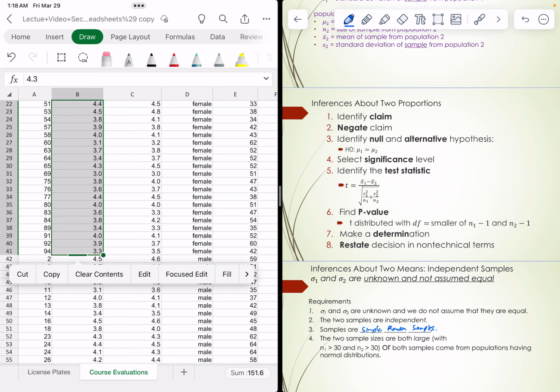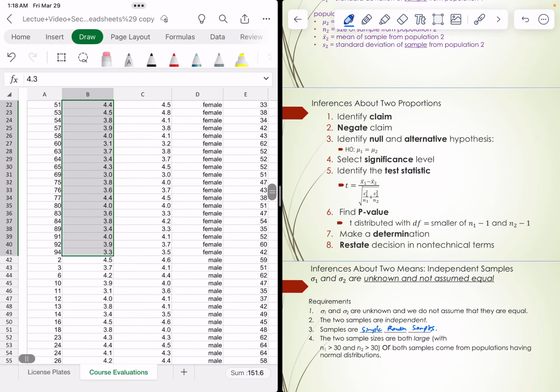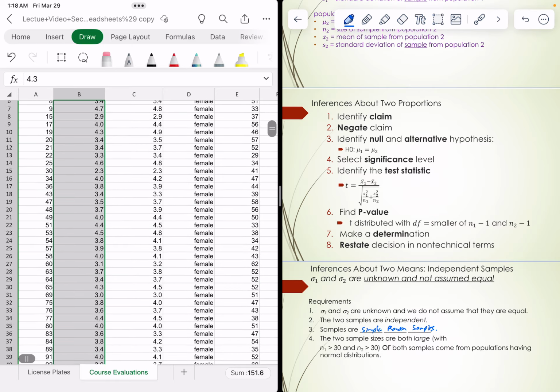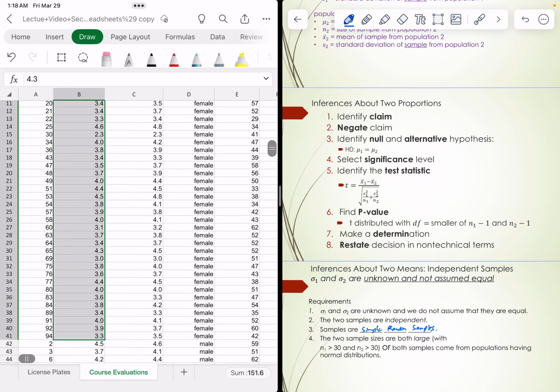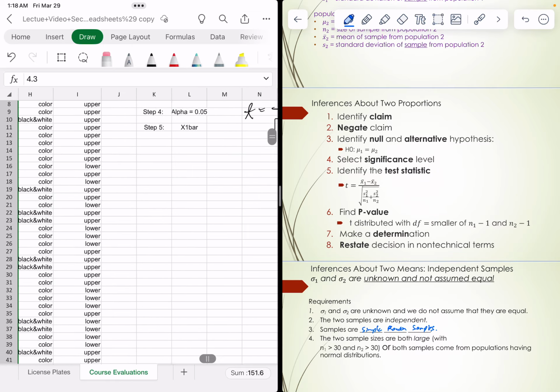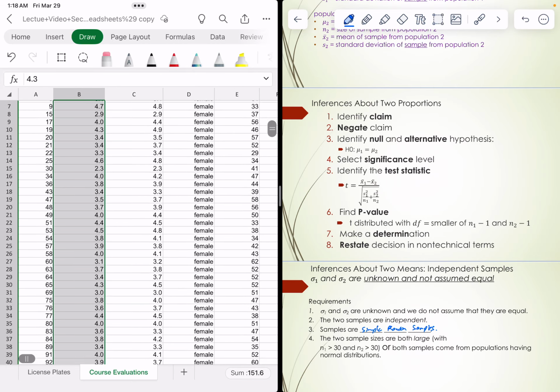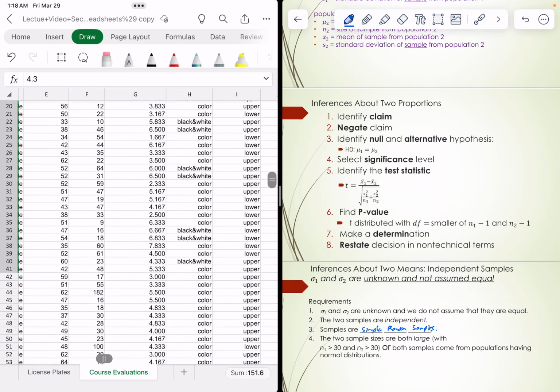Is it going to tell me how many there are? I wish it would. Let me look and see. That's from row 2 to 41.